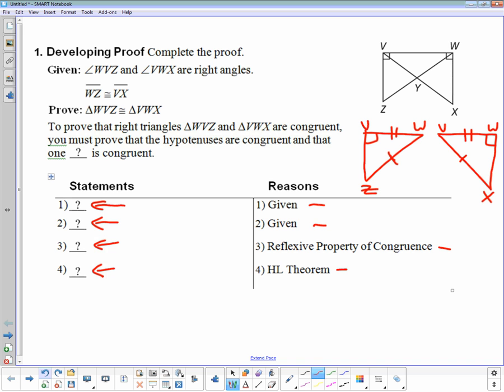So what should I put on line 1? Steve, what should I put on line 1? Line 1, right here. There's a hint. Angle WVZ and VWX, they're right angles.